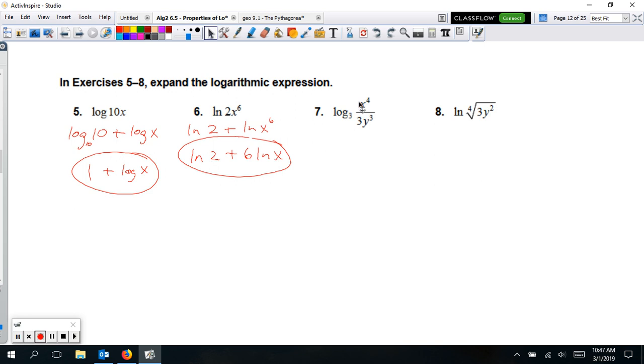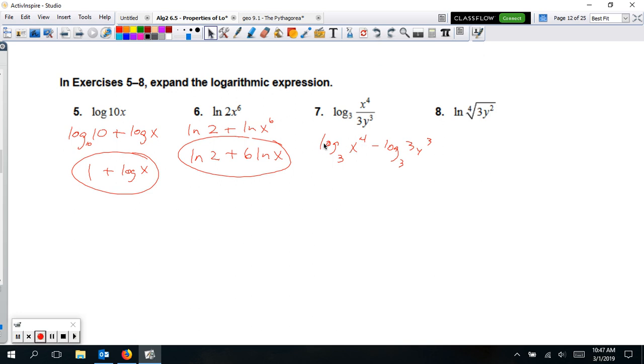So here we see a fraction on number 7. We have to think about that: it's the quotient property giving us a subtraction. So we're going to be putting this out into 2 logs, but we're going to be subtracting them, numerator minus the denominator. So start off with log base 3 of the numerator minus log base 3 of the denominator. We can start there. And now in each of these we see there are some things to do.